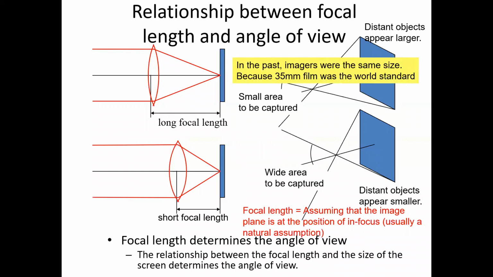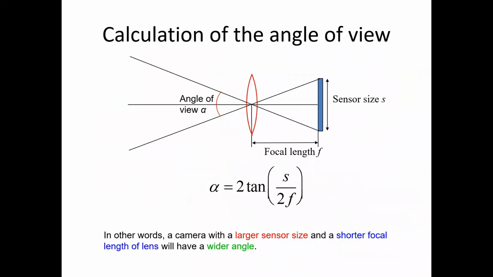And also considering the past, as I told you, the 35 millimeter film was the world standard. So based on this, the focal length and the wide angle of view of alpha are defined based on sensor size.